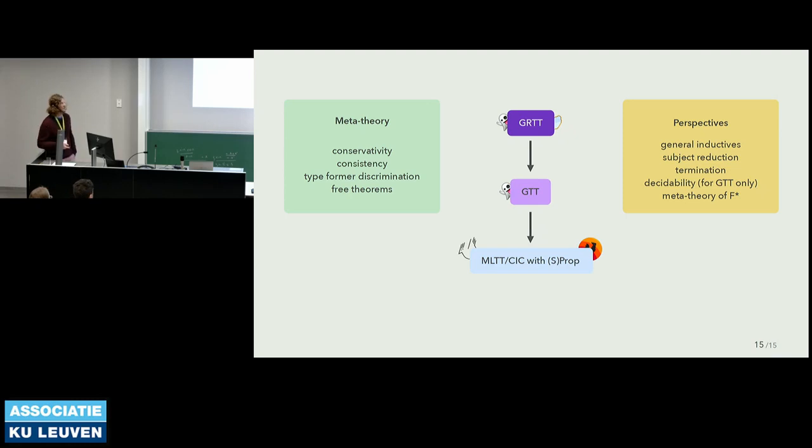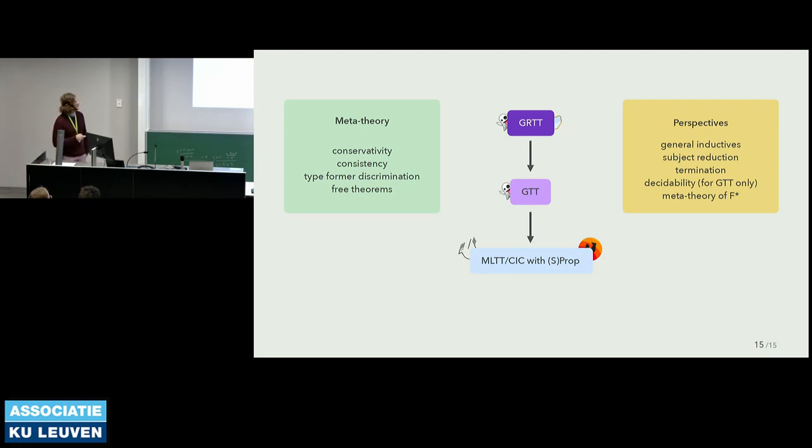Like, how do we deal with inductives? That's a question. What about reduction? Do we have subject reduction or termination? It's not so clear since you have those casts that make sure that you are well typed, but you can ignore them. So that's a thing that Ewan here is going to look at.